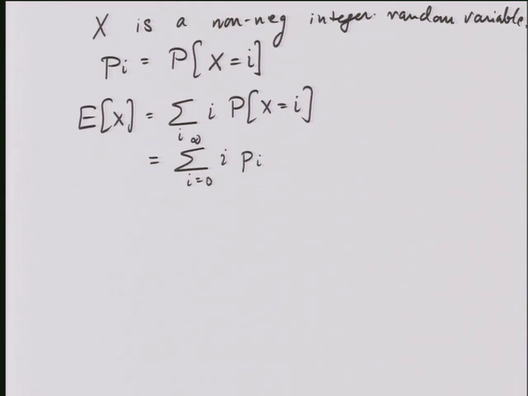But the 0 term you can leave out, because when i equals 0 this term is 0. So it's p1 plus 2 times p2 plus 3 times p3 plus 4 times p4, and so on.